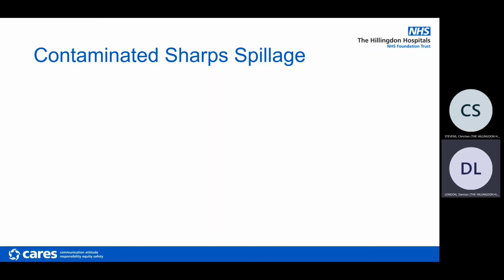Hopefully you don't come across a sharps spillage, but in the very unlikely event that you do, you must immediately secure the area so that no one else is placed at risk.